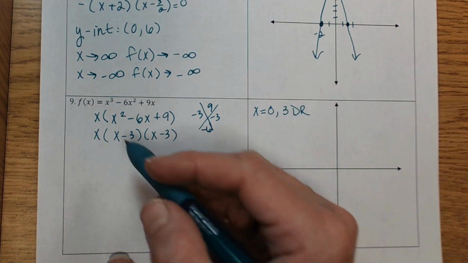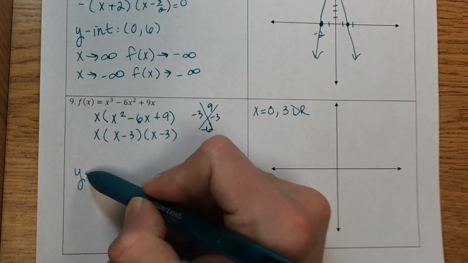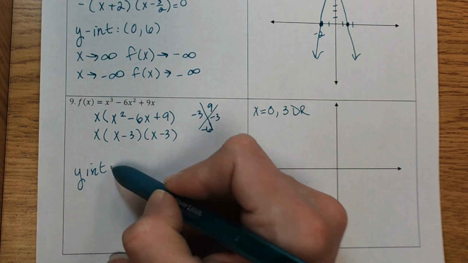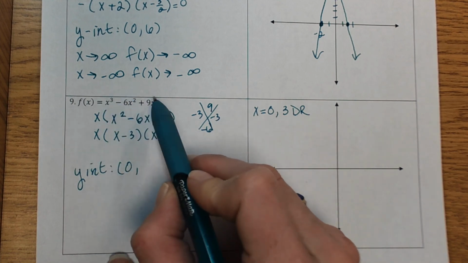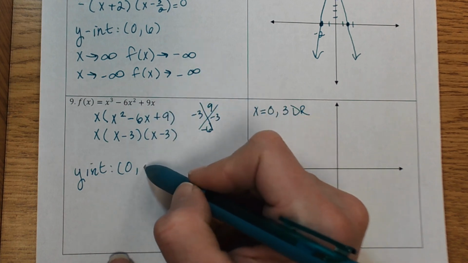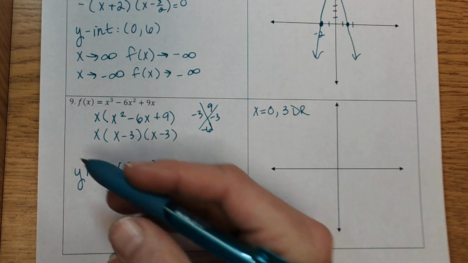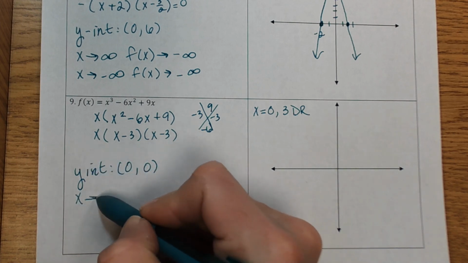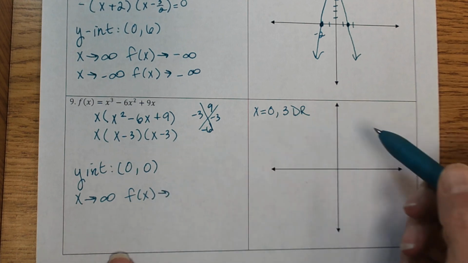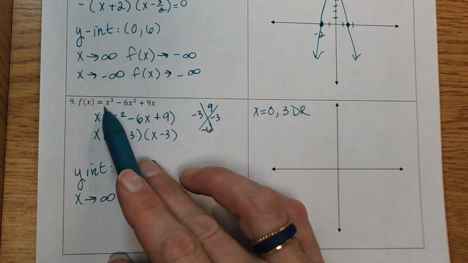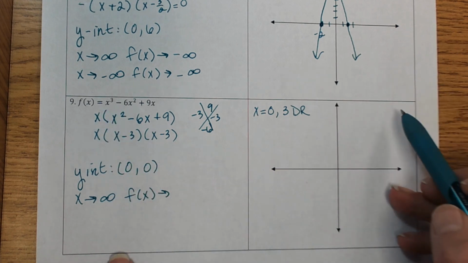All right, now let's think about our y-intercept. If I plug in 0 here for x, that's 0, that's 0, and that's 0. So our y-intercept here is just (0, 0). And now our end behavior. As x approaches infinity, f of x does what? Well, it's a positive coefficient, so that means we're starting at the top right.